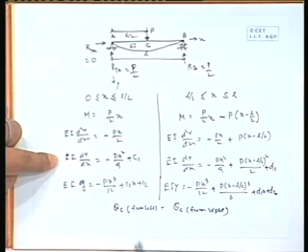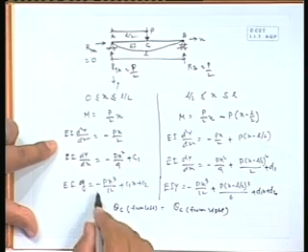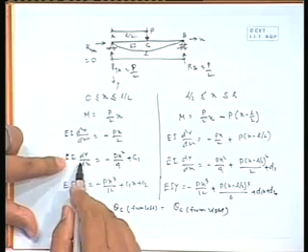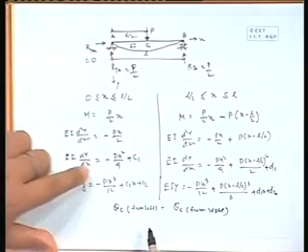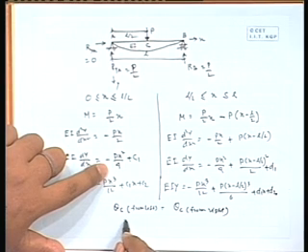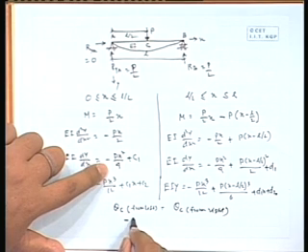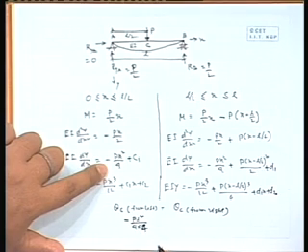Okay. So if you write that expression, say here it will be minus P L square divided by 4 into 4, right.